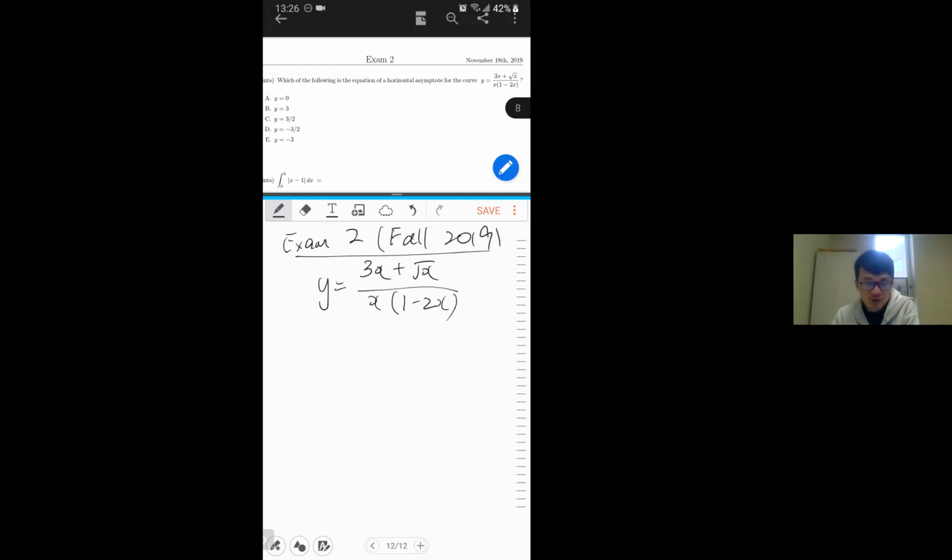So how do I find a horizontal asymptote again? A horizontal asymptote looks like this, right? In your graph, it looks like this. It's the asymptote such that when x approaches negative infinity or positive infinity, the function gets closer and closer to the horizontal line.